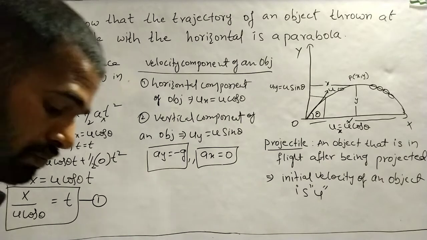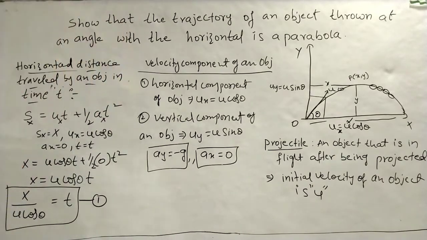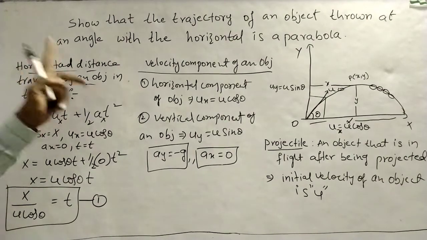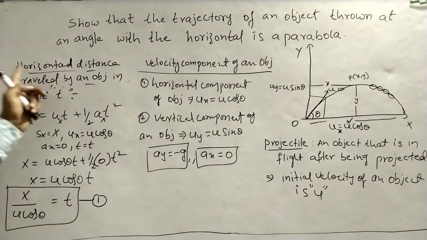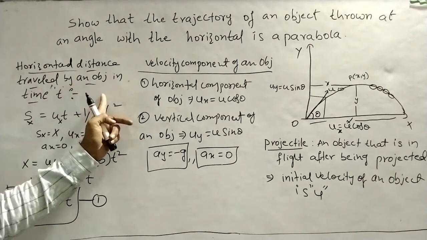Next we take the vertical distance traveled by an object. Horizontal distance is completed.